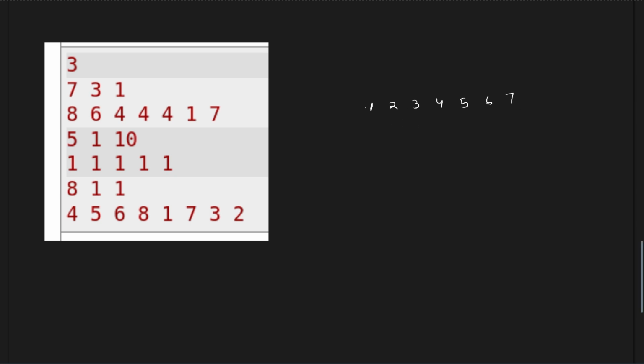So these are some colored balls, and the first ball is called 8 times, the second ball is called 6 times, the third ball is called 4, and 4, and 4, 1, 7. So let's say that these are balls, and these are some frequencies. That means the first ball is called 8 times, the second ball is called 6 times, the third ball is called 4 times, the fourth ball is called 4 times, and so on.